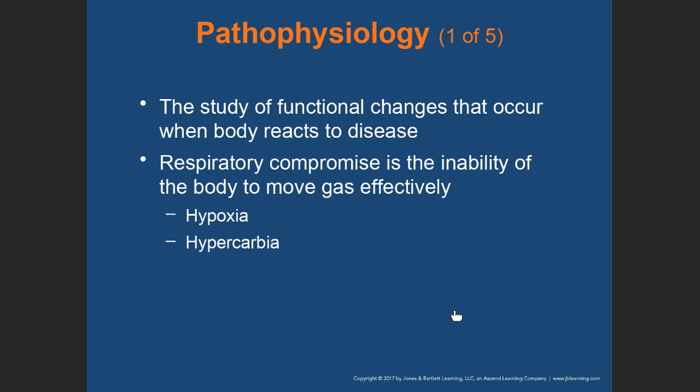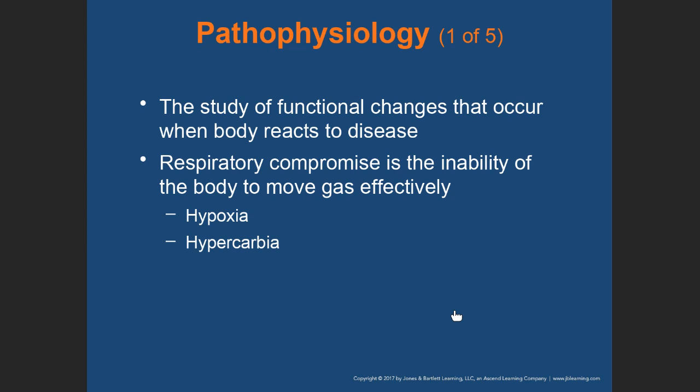If oxygen levels become low, that is referred to as hypoxia, low oxygen. Once hypoxia occurs, brain function will be affected and other systems in the body can be affected.